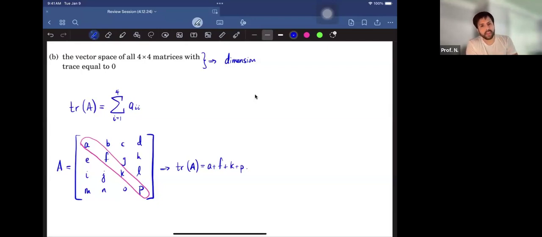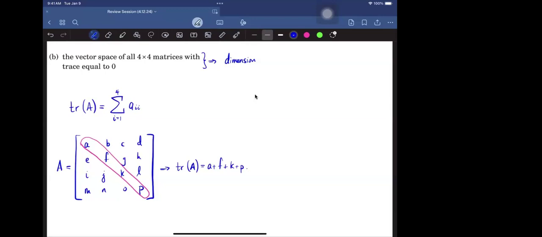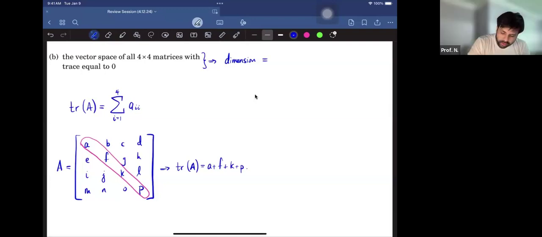All right. And then I gave you a second way to consider dimension: degrees of freedom. So dimension is the number of basis vectors of the space.